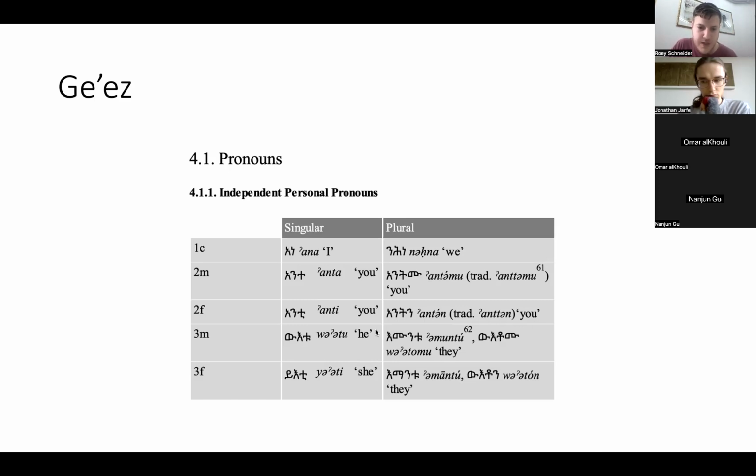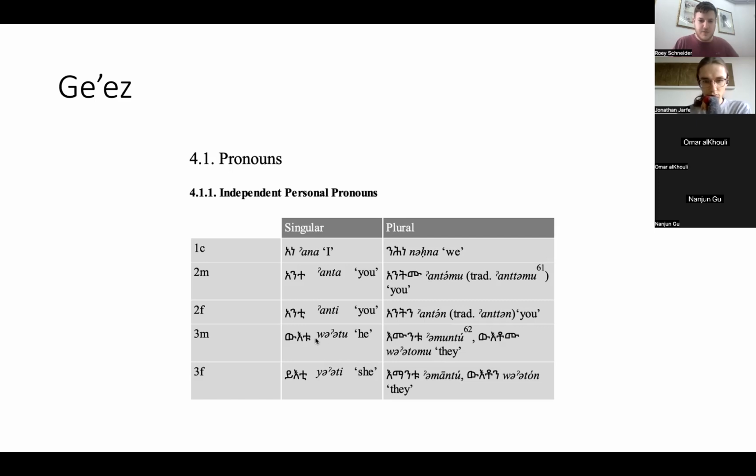And the third person pronouns, those are the weirdest ones. So wa'atu, ya'ati, amuntu, amantu. But there's also wa'atomu, wa'aton, which are definitely derived from the singular ones.